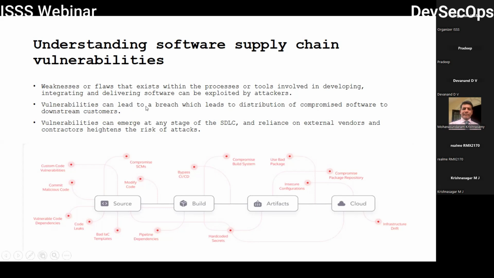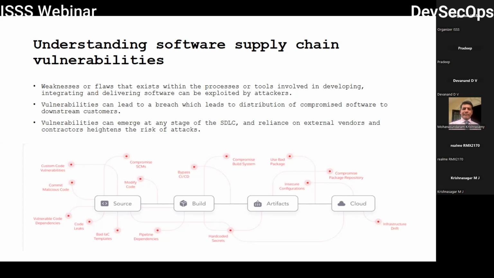Vulnerabilities can lead to a breach, which leads to distribution of compromised software to downstream customers. Vulnerabilities can emerge at any stage of the SDLC, and it relies on external vendors and contractors as well. That's the reason we always have third-party risk management, wherein we have lots of vendors.